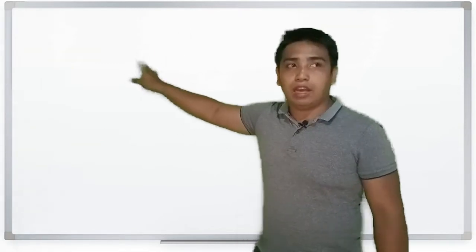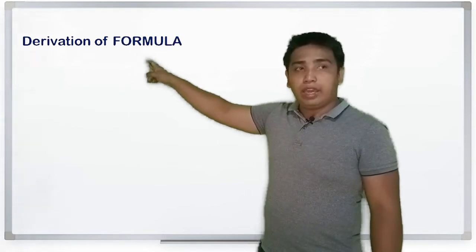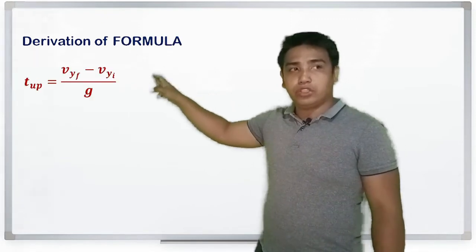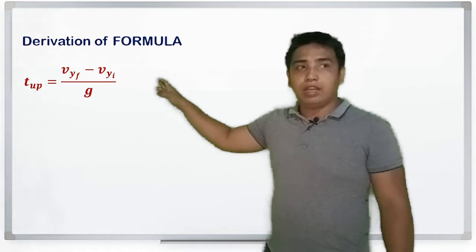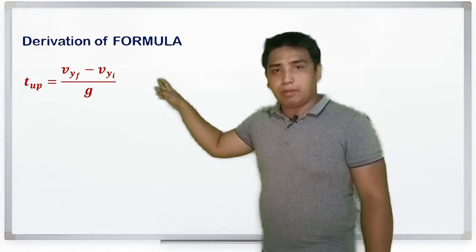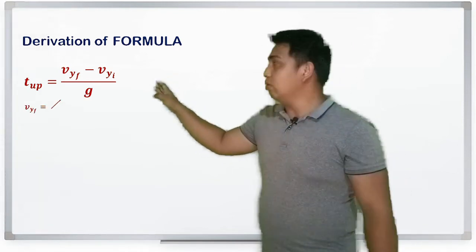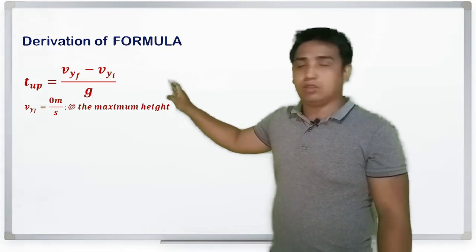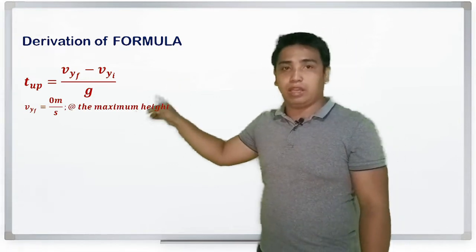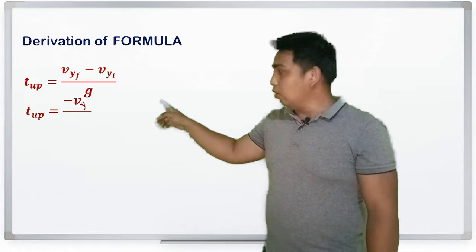Time to get up is equivalent to Vyf minus Vyi over g. But right here, the value of the velocity at the maximum height is 0 meters per second. So the time to get up is equivalent to negative Vyi over g.